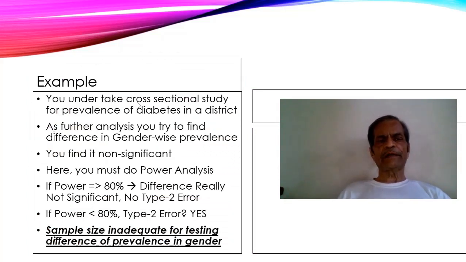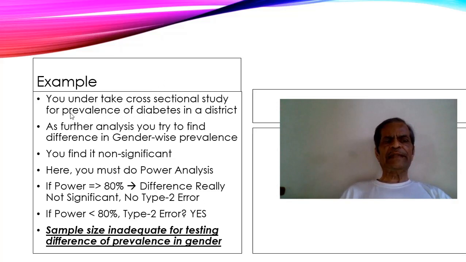You have undertaken a cross-sectional study for prevalence of diabetes in a district. So you have calculated the sample size for calculating the prevalence of diabetes in the district, and you conduct the survey, and you then find out the prevalence of diabetes, whatever it is, 5%, 4% in the given age group, say in the age group of 45 plus.